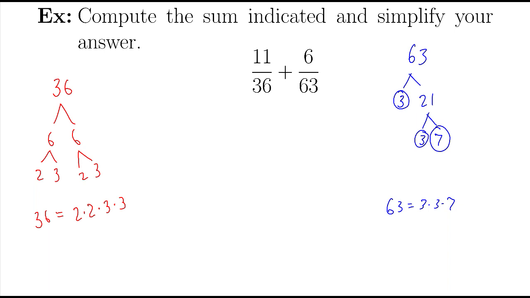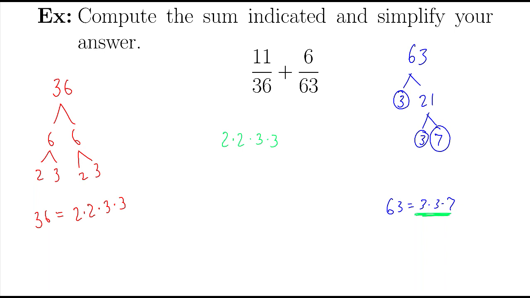Again, to find my common denominator, what I'm going to do is combine these two denominators. So let's see what they have going on here. 36 has 2, 2, 3, and 3. Now I want to look over at 63 and figure out what 63 has that 36 does not have.